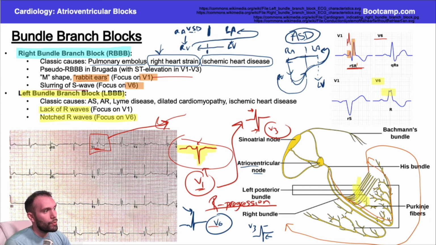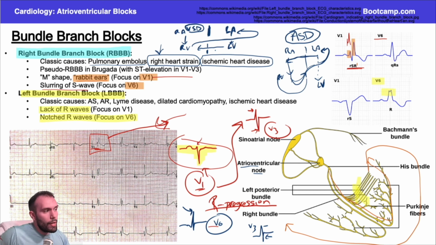So in a ventricular septal defect, that blood's going to get back to my right ventricle. And again, increased blood in the right ventricle, increased right heart strain, that can also cause a right bundle branch block. So an ASD or VSD or tetralogy of Fallot, pulmonary hypertension, all of these things, just keep them in mind. Understand the pathophysiology of what's happening. Anything that's going to cause right heart strain is going to cause a right bundle branch block.